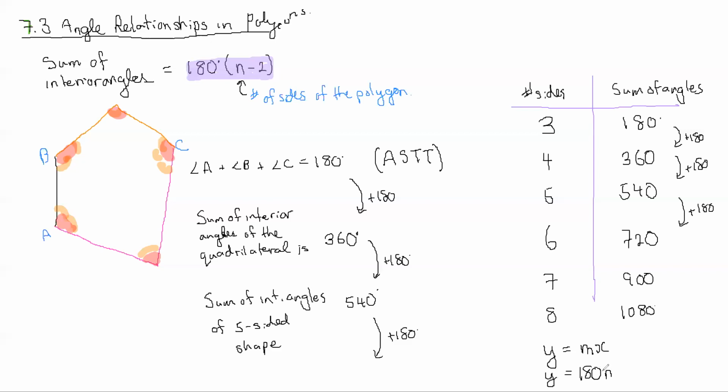But guess what? n does not start at 3. If n was a 3, is there a way to pretend that it is actually 1? Well, that's where the n minus 2 comes in. If the number of sides is a 3, I subtract 2 so that the bracket turns into a 1.